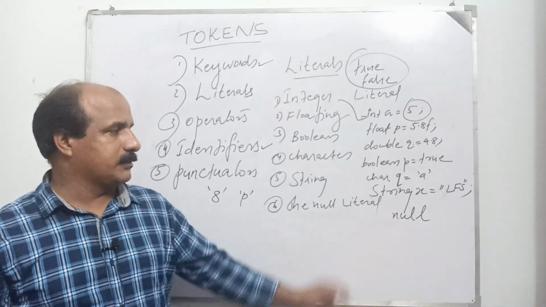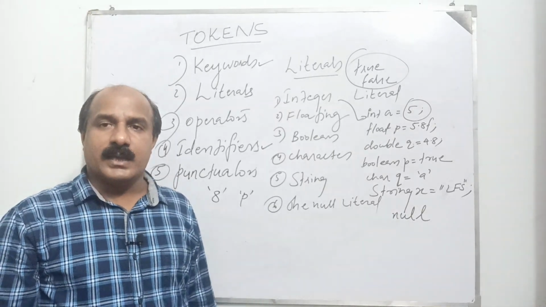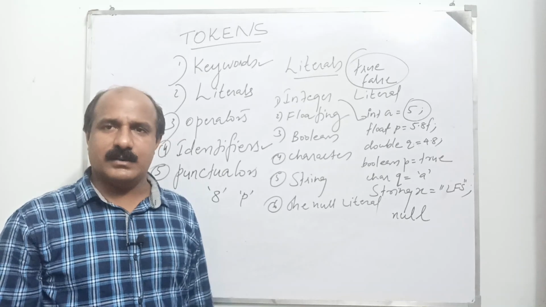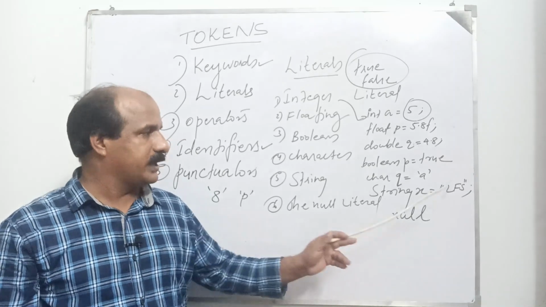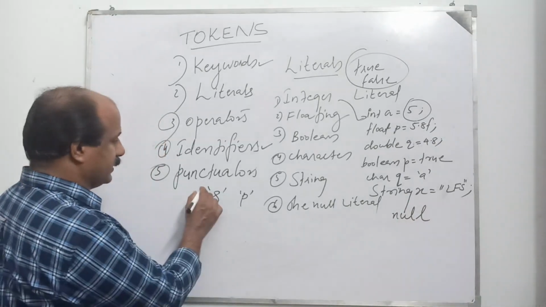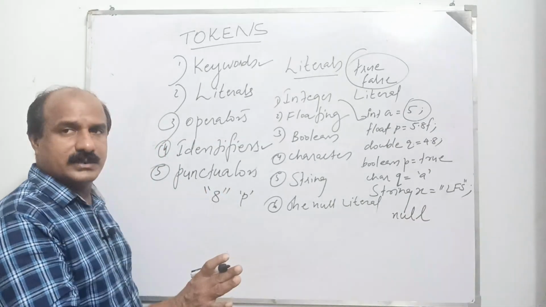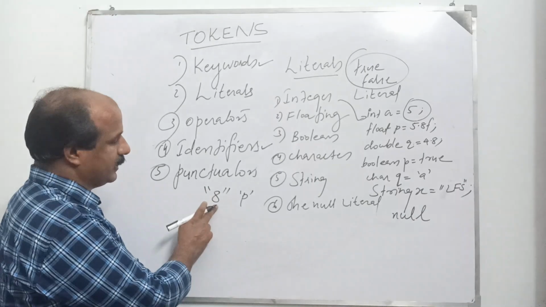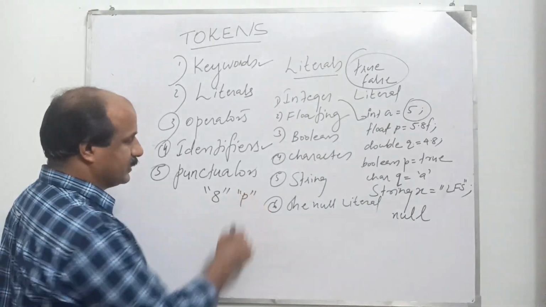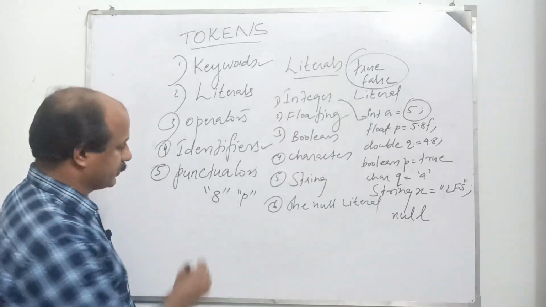Now string literal means any combination of characters. It can be one or many. Any combination of characters in double quotes. If you keep this in double quotes, then it's a string constant. If you make this also, it's a string constant.